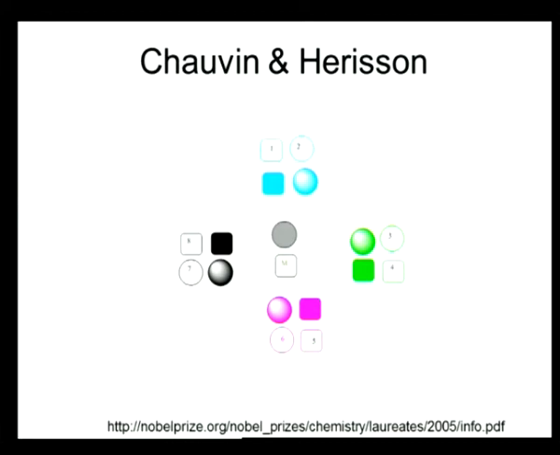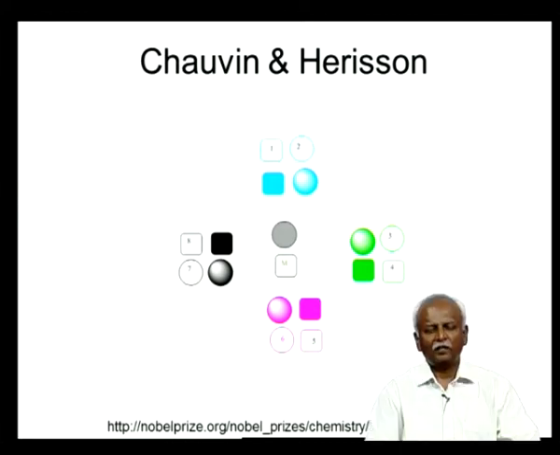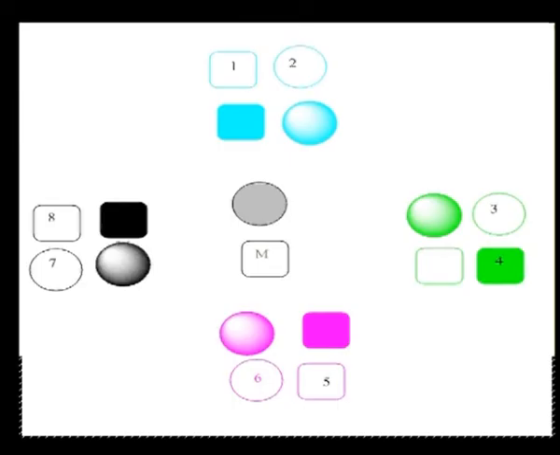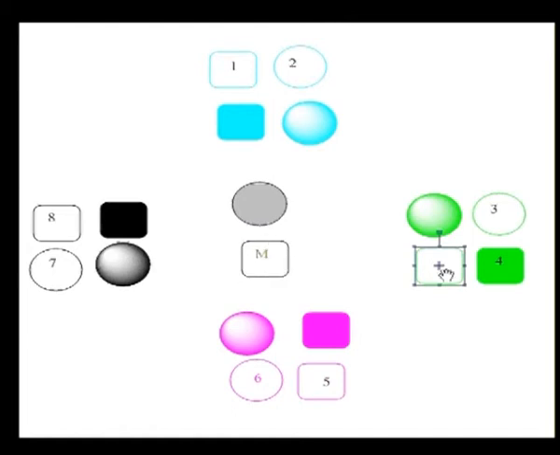Now, what this means is the mechanism suggested by Chauvin and Herisson in the early days was in fact correct, and what they suggested was a non-pairwise exchange. In order to understand the non-pairwise exchange, it is in fact possible to have a small demonstration of this. We will now show this in this movie, where we have 4 olefins sitting around a metal catalyst.